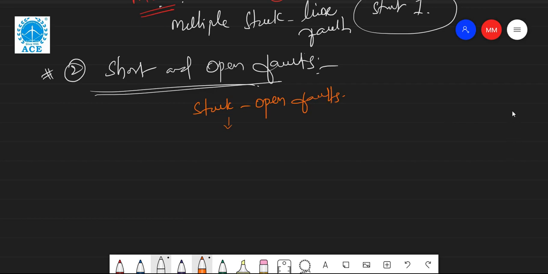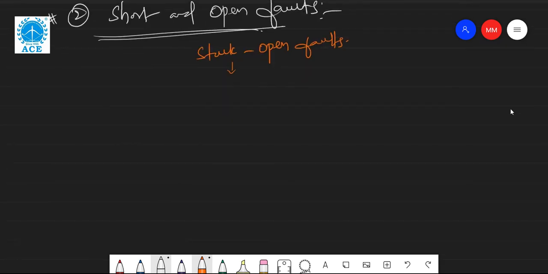For example, I have a design circuit of CMOS logic, CMOS design.